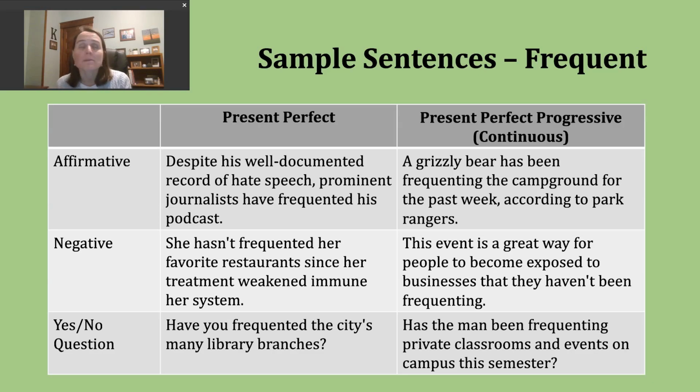Many times with the present perfect, we're focused on how many times a particular action has occurred, while with the present perfect progressive, we're really focused on how long the action has been continuing. So, very slight or small difference there.